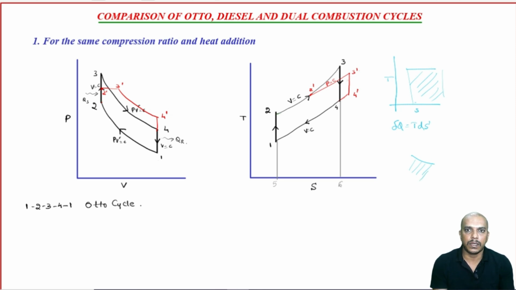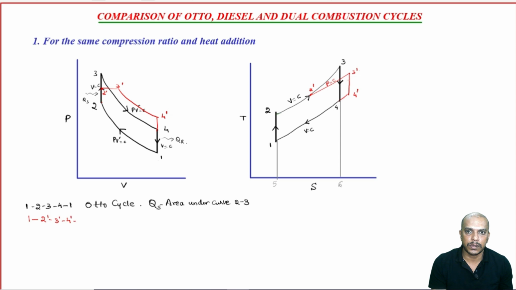Now, if you see the area under the curve, let us say heat supplied, right? Heat supplied is what? 2 to 3. For Otto cycle, we can say that heat supplied is area under curve 2 to 3. Now, let us go for cycle 1, 2 dash, 3 dash, 4 dash and 1.